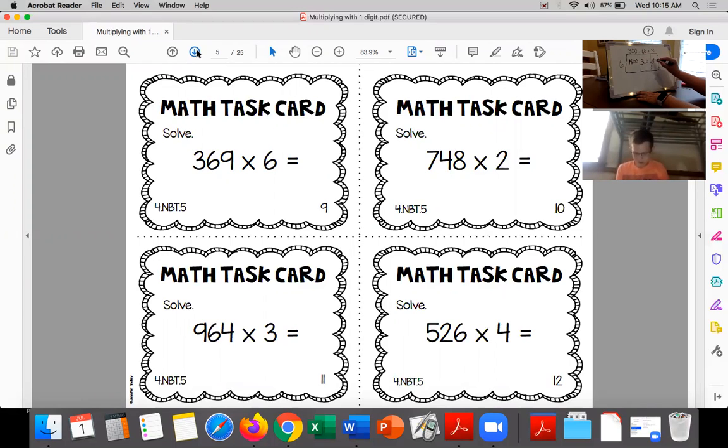Okay, and then add. Very nice. I'm going to line them up. So that's 4, 6 and 5 is 11, carry the 1, 8, 9, 10, 11, 12, carry, and we end up with the same answer.